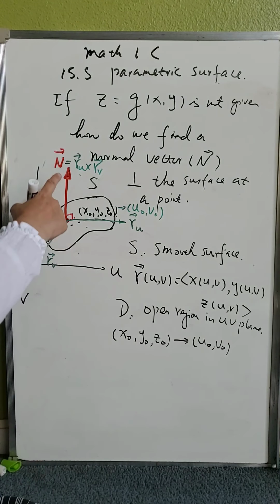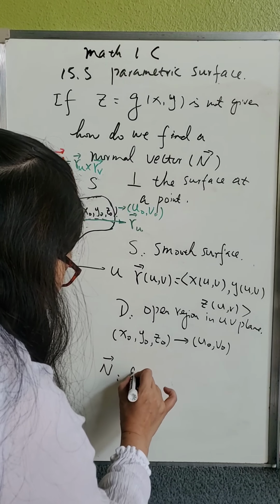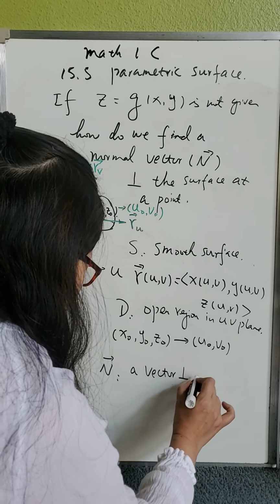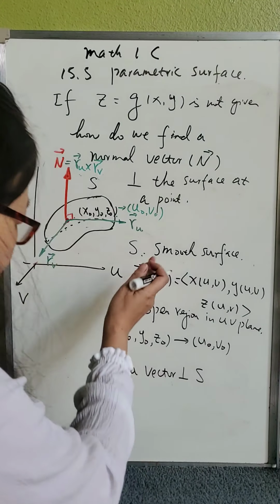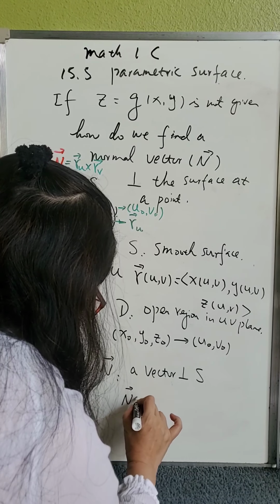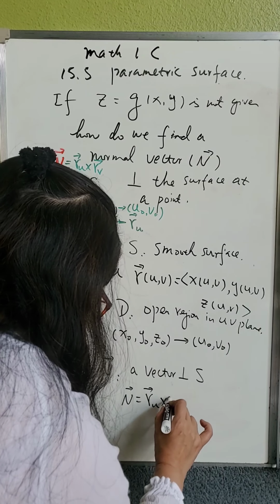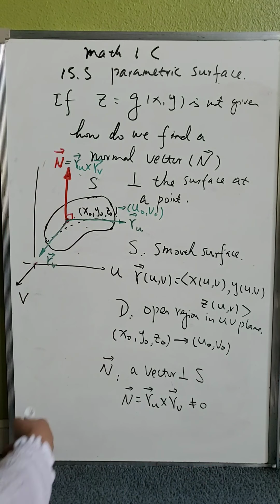And your normal vector n is a vector perpendicular to S. And I'm just listing all the things we use: your n is equal to the cross product R_U cross R_V, and this is not equal to 0. If it is equal to 0, there's nothing you can do about it now, right? There's nothing for you to do.